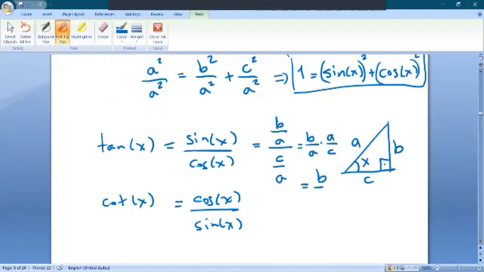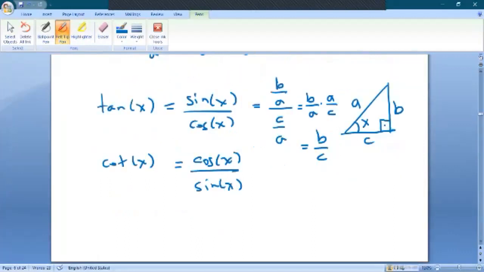This is going to give B over C, right? Which is opposite over adjacent side. And cotangent comes from C over A over B over A. If you flip the denominator and multiply with the numerator, that's going to give C over B. But shortly, it's cosine over sine, okay?